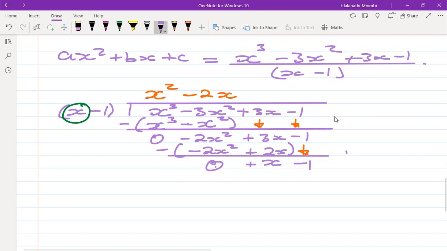You say x divided by x, and then you get a positive 1. You take that positive 1, multiply it by that whole bracket, and what you get is x minus 1. You put brackets, you subtract, and you will realize at this point these things are the same, you get 0.